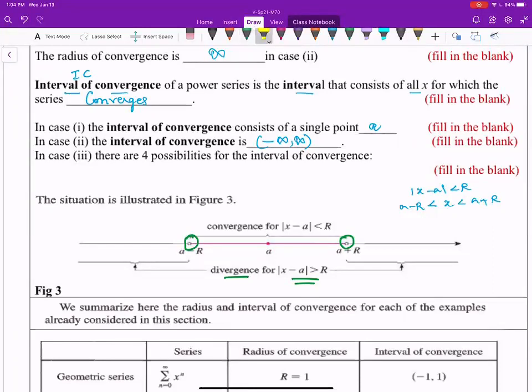So there are 4 possibilities for the interval of convergence: the open interval (a minus r, a plus r), or (a minus r, a plus r] closed at a plus r, or [a minus r, a plus r) closed at a minus r, or the closed interval [a minus r, a plus r]. These are the four possibilities for the third case.